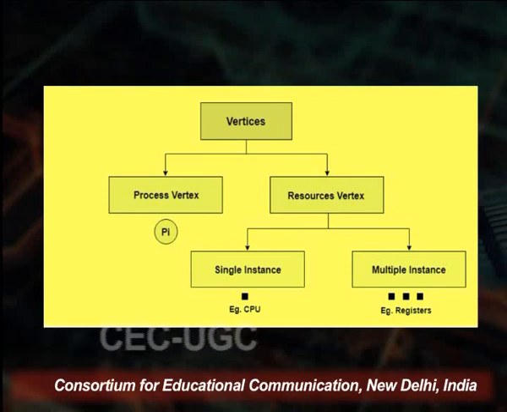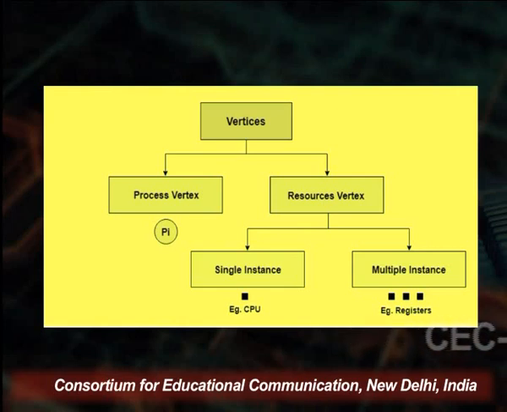So the CPU is an example of single instance, while registers and printers are examples of multiple instance. Registers are available in multiples in the system, and printers can be multiple. If one copy of the resource is available in the system, that is single instance, and if multiple copies are available, it is a multiple instance resource. So vertices are of two types, process and resource, and resources are again of two types, single instance and multiple instance.